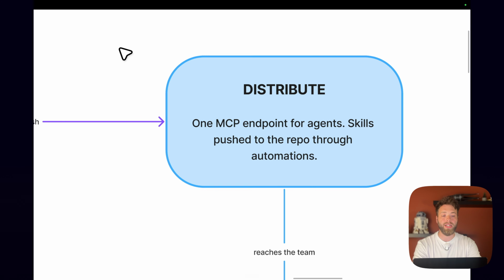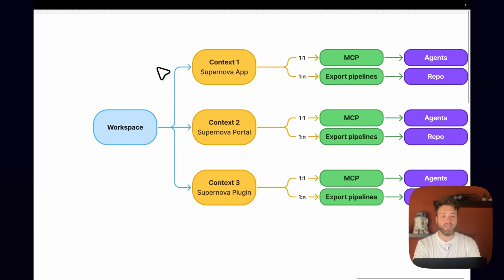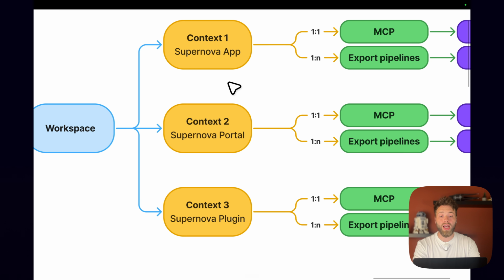And that's exactly it. You can distribute every single context as a standalone MCP server. So when a marketing team or PM team connects to Supernova, they will use a different connection, and it will give them only the data you have governed and scoped for them. How it works in practice is that you have one workspace, and then you have multiple different contexts based on the use case you want to use them for.